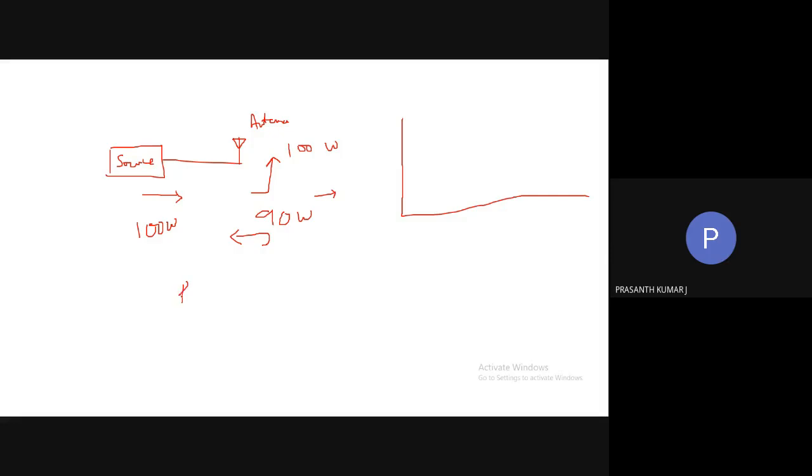In other words, what is reflection coefficient? Reflection coefficient can be defined as Vr by Vi, or it can be defined as Pr by Pi. If you are applying logarithm, it becomes 10 log Pr by Pi. What is Pr? Reflected power. Pi is incident power.